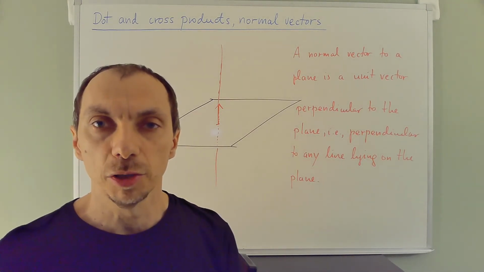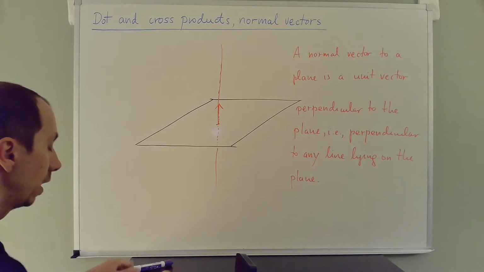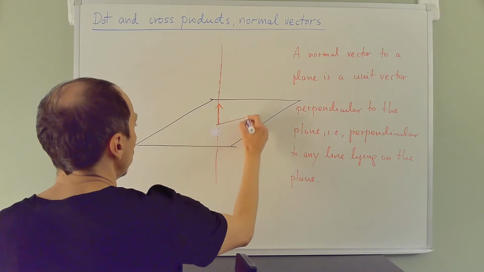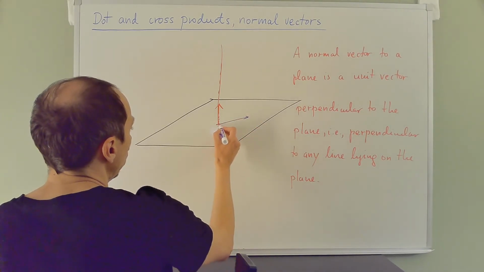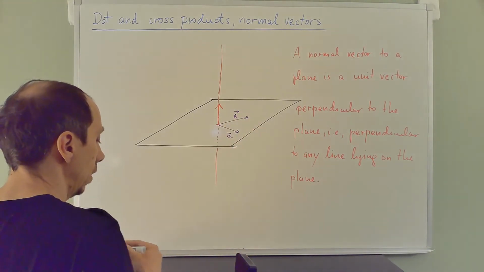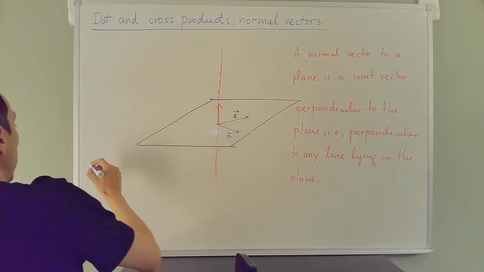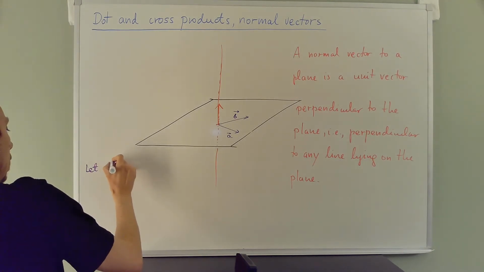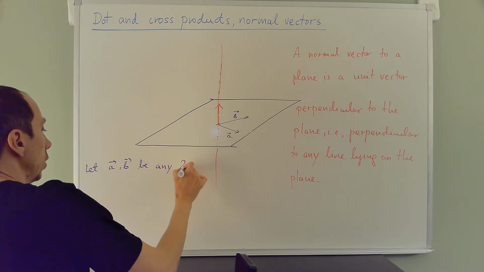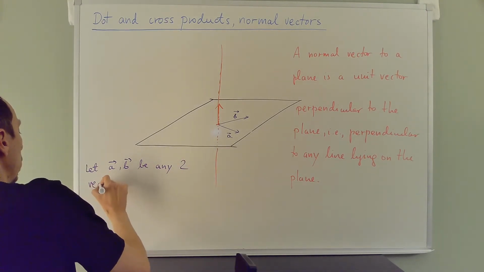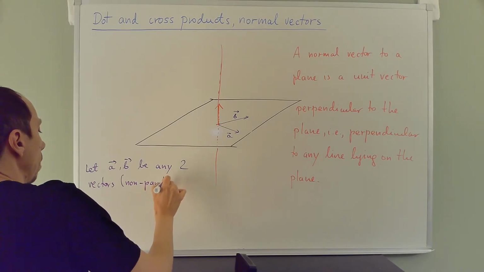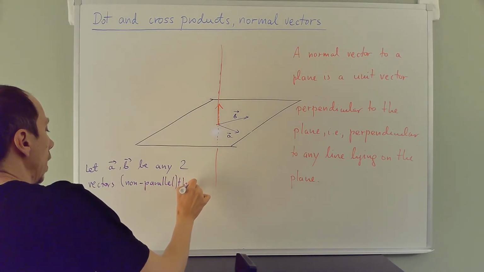There is a nice way to get normal vectors to a plane, namely, suppose I take 2 vectors that lie on the plane, A, B. So let A, B be any 2 non-parallel vectors that lie on the plane.